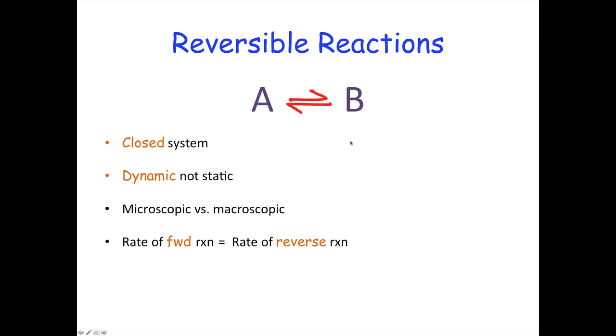If we go back to our example where A is being converted to B and B is converted to A, what we are saying is that when equilibrium is achieved, some particles of A will be converted to B at the same rate at which some particles of B will be converted to A. In other words, the number of particles of A converted in a specific unit of time is equal to the number of particles of B being converted to A in that same unit of time. So the rate of the forward reaction is equal to the rate of the reverse reaction.